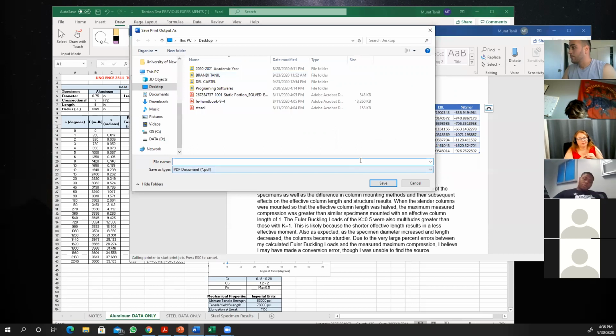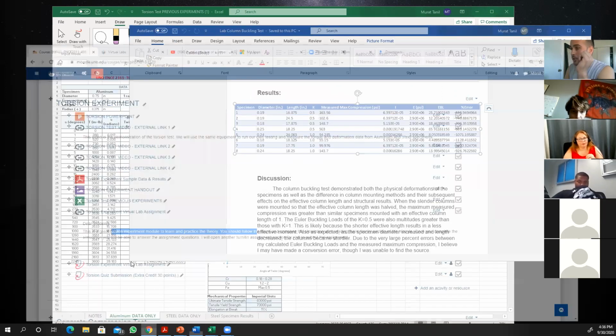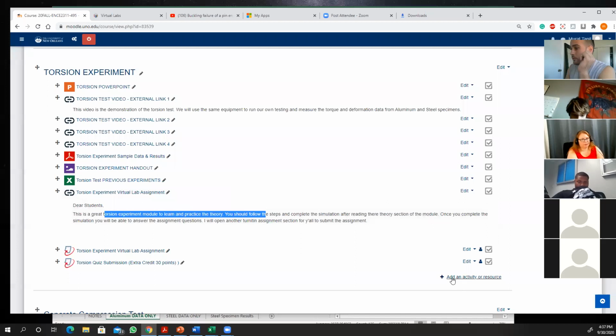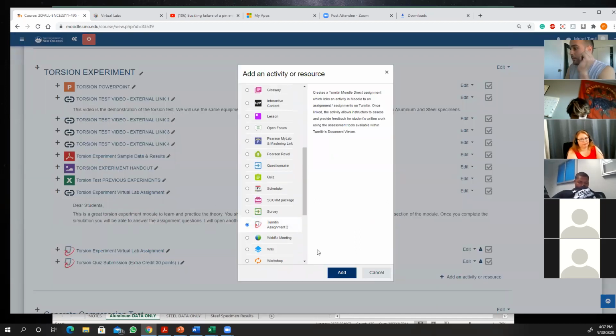You can print it on your desktop. So it's gonna give you one single PDF. And then you're gonna come here. I'm gonna add this Torsion assignment.